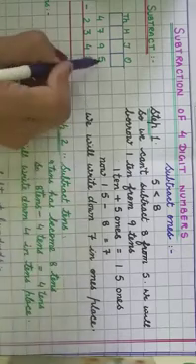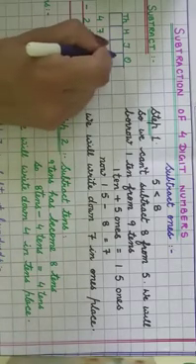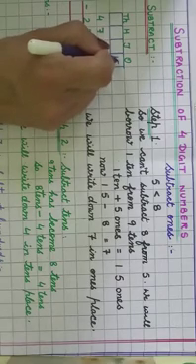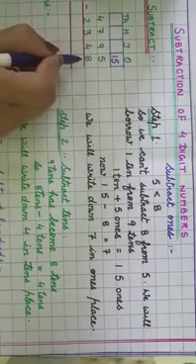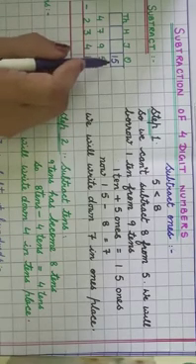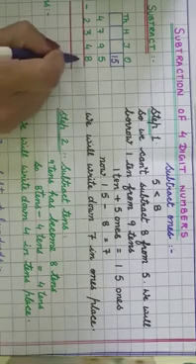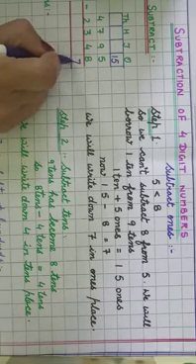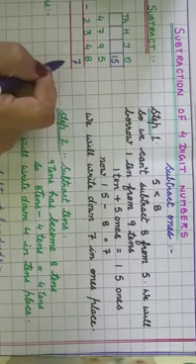Now 15 minus 8 is 7. So we will write down 7 in ones place.